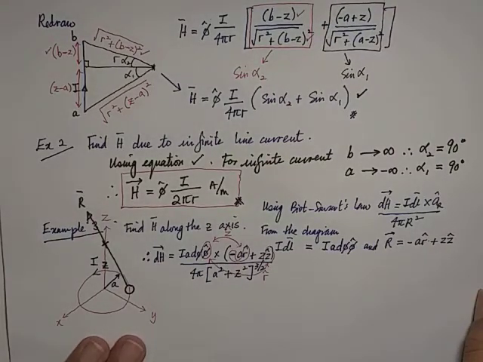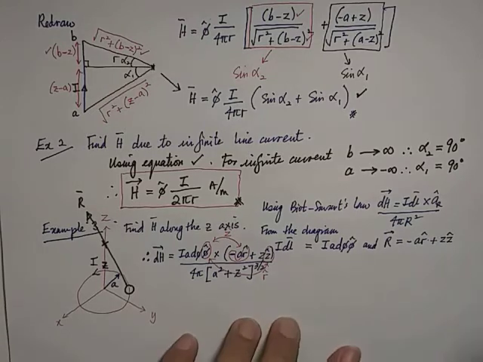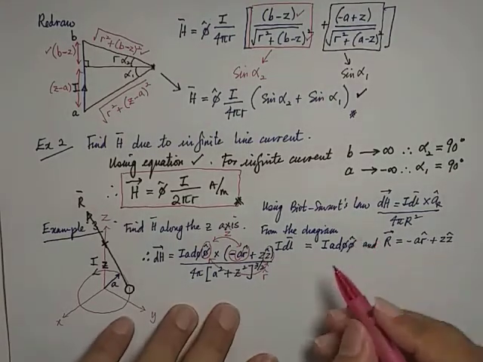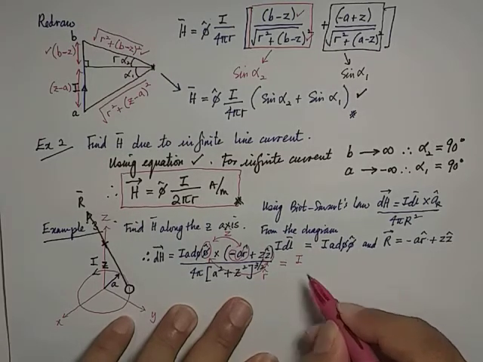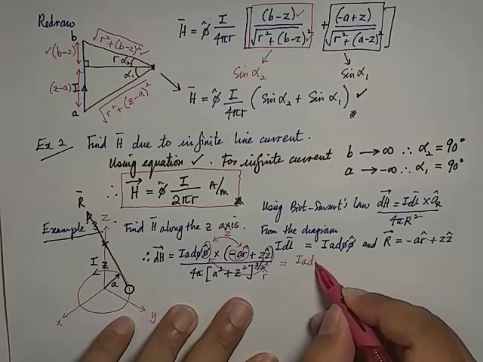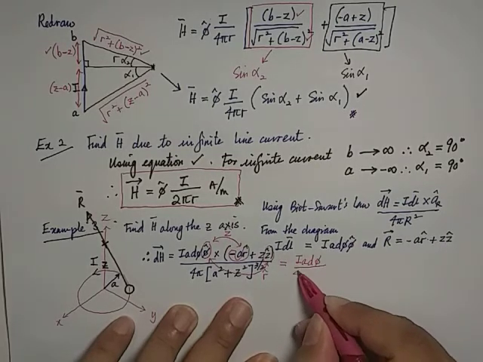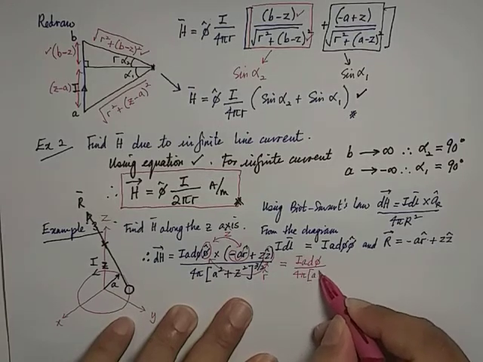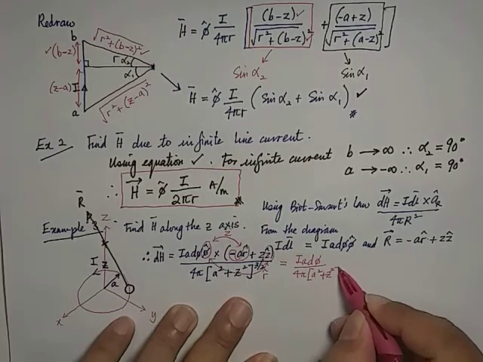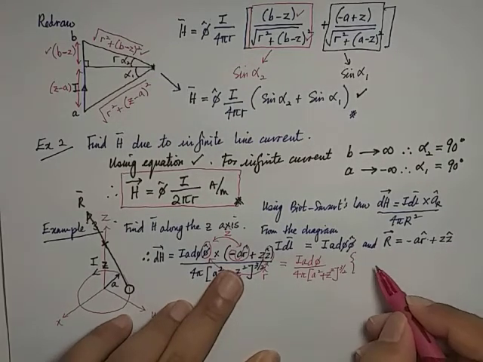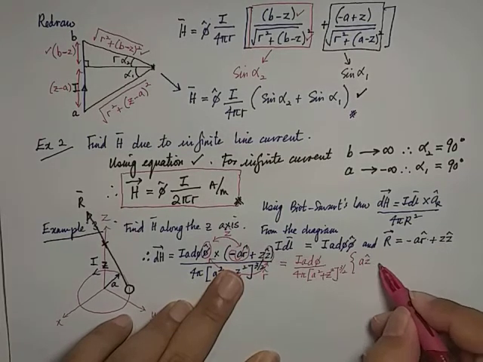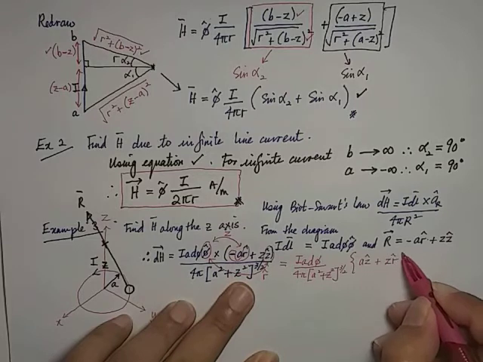Phi cross Z should be R, and phi cross negative R should be Z. Okay, so now what we have here are two vector components: I a d phi over 4 pi a squared plus z squared to the power of 3 over 2, and the solution of the multiplication is now becoming a aZ plus z aR.